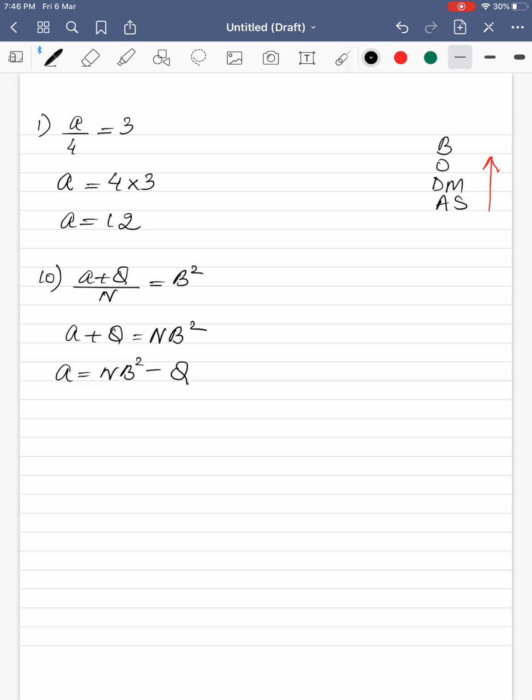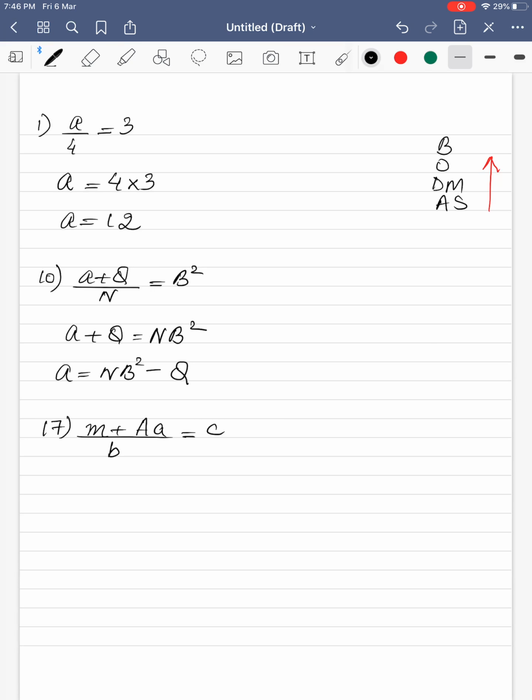Let's try question number 17. We have (m plus a) divided by b is equal to c. Again, we must know that there is an invisible bracket here, so we cannot take the m on the other side first.